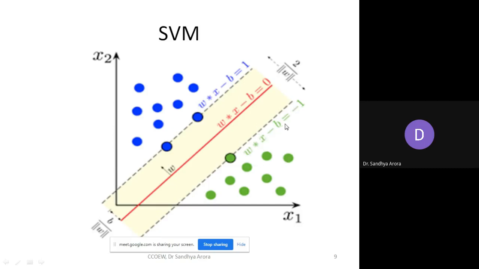The value of wx plus b is negative in this case and positive in this case. When you are on the plane, your wx plus b value is 0. So you want to identify the distance from this point to this line, and then again from this point to this line. So how do you calculate the distance of this line to this?